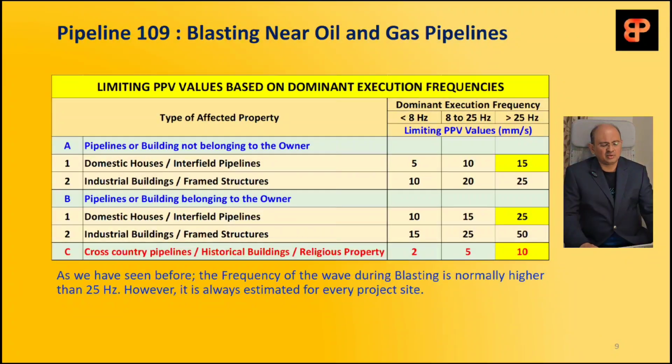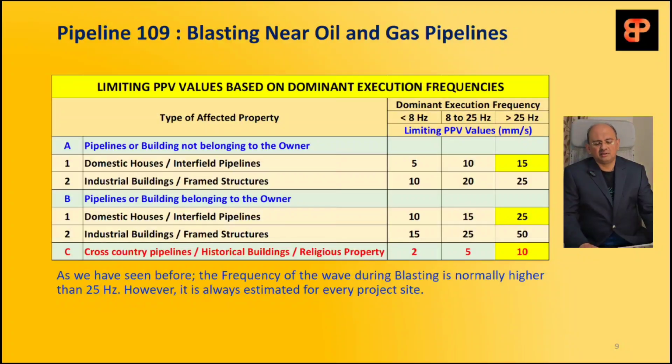So this table gives the limiting PPV values based on the dominant excitation frequencies. As I mentioned in the earlier part of the lecture, the induced frequency of the vibration is very important, because that should not resonate with the natural frequency, and therefore the PPV limits are higher when the induced frequency is higher.